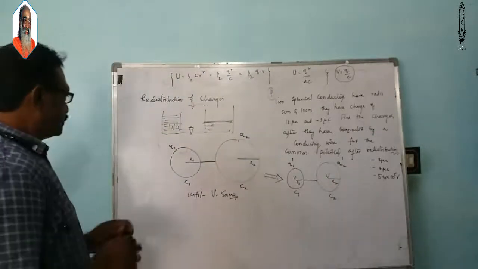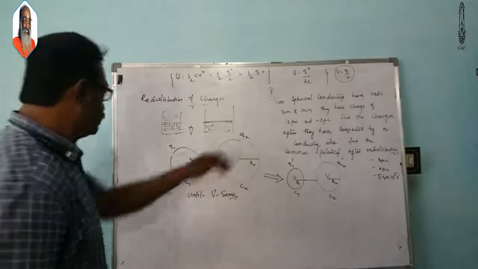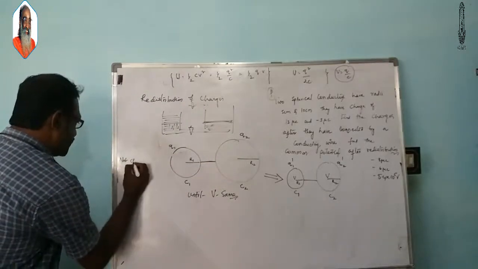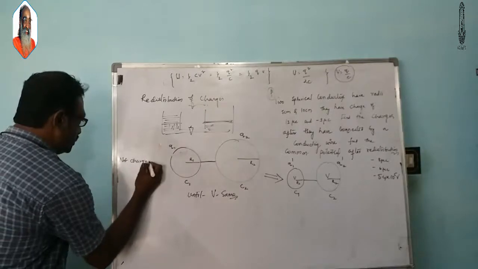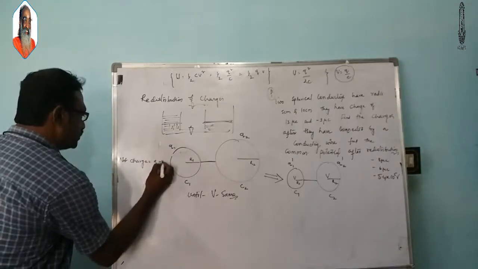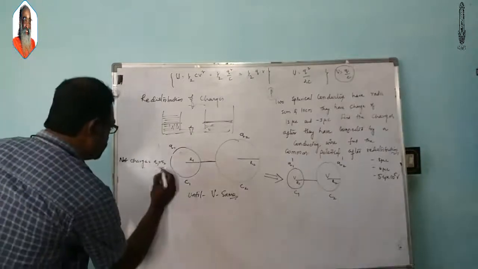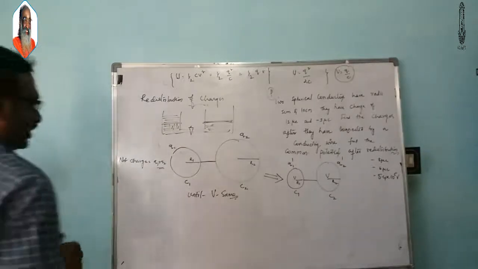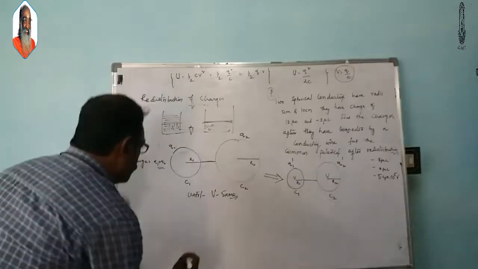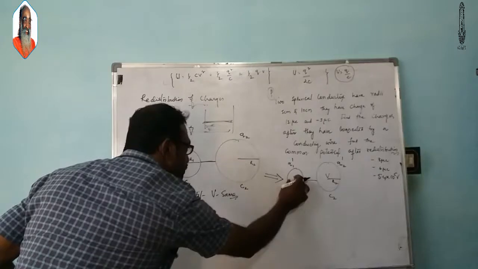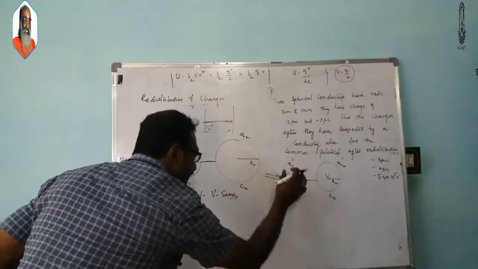Okay, so initially the charges are Q1 and Q2, so the net charge is equal to Q1 plus Q2. Now the new charge on each body always depends upon the capacitance.